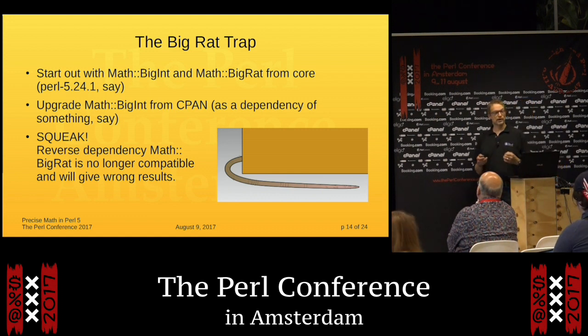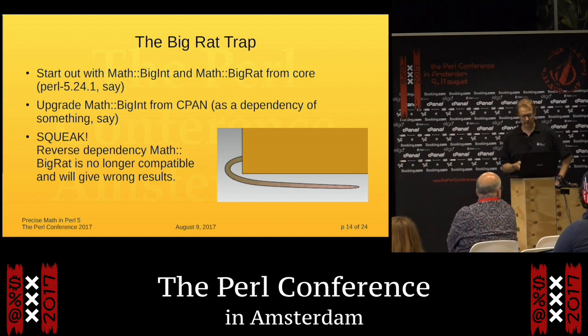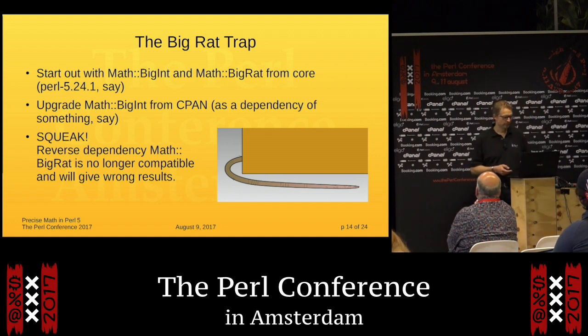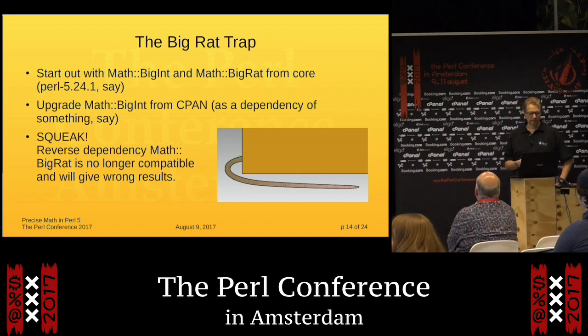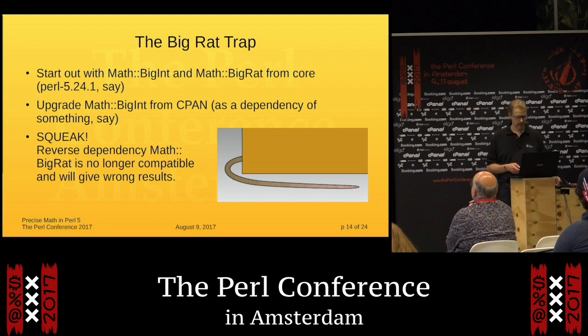And this is what I hate most in math modules. Initially, I said we would like to treat what they tell us as mathematical proofs. And you will have a hard time to prove that 2 plus 2 is 5. And that's a problem. The BigRat trap.